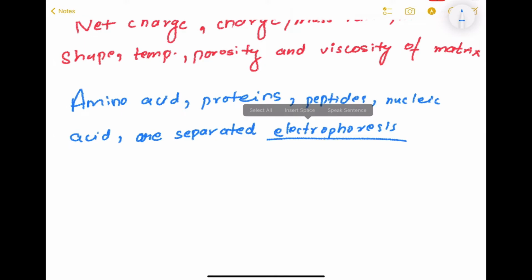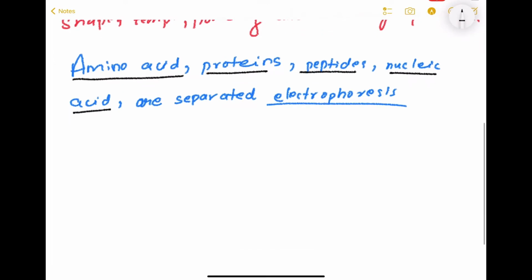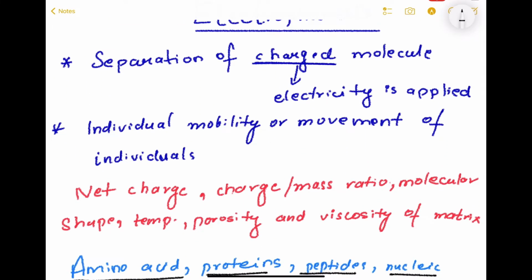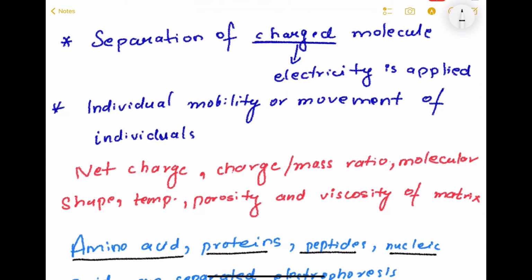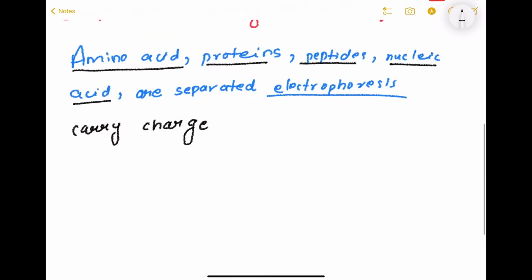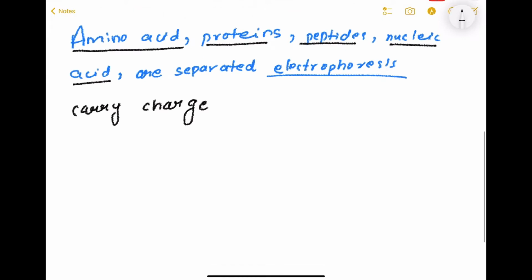Because all these molecules, amino acids, proteins, peptides, nucleic acids, nucleotides, carry charge. What we have read in our first definition is the separation of charged molecules: when the molecules are charged, they are separated when electricity is applied.